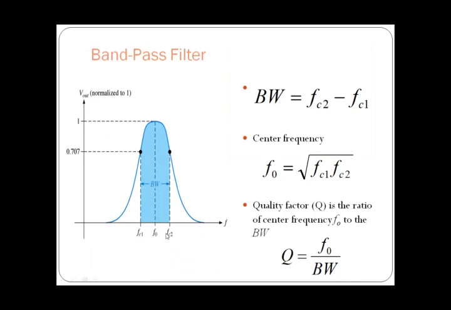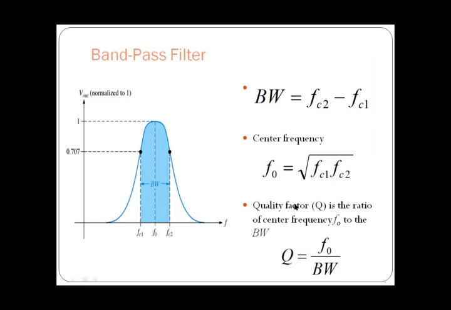For the band pass filter, the bandwidth is given by FC2 minus FC1. In this band only it is going to allow the signals to pass through it, and the center frequency F0 will be given by root of FC1 into FC2.